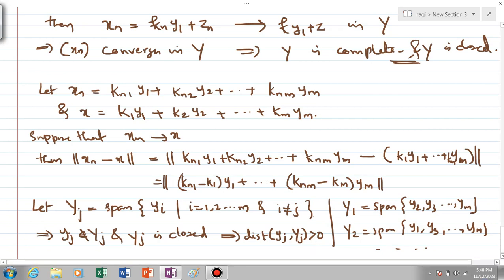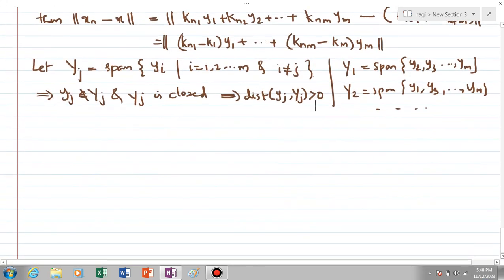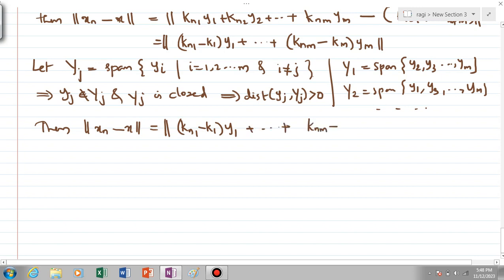Okay, so from the relation we have reached, we get that norm xn minus x is equal to the norm of (kn1 minus k1) y1 plus etc. plus (knm minus km) ym.